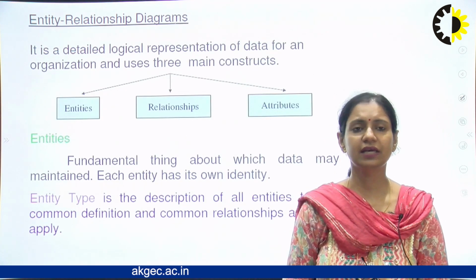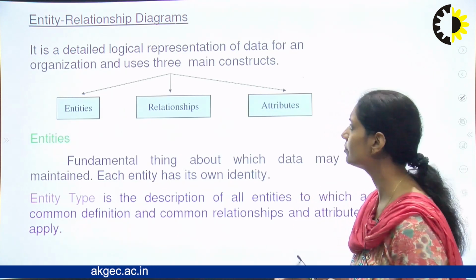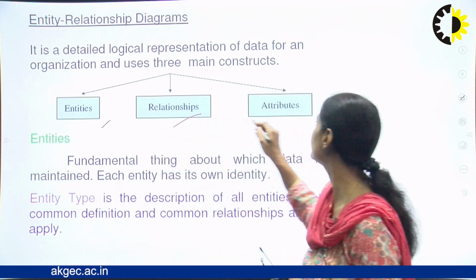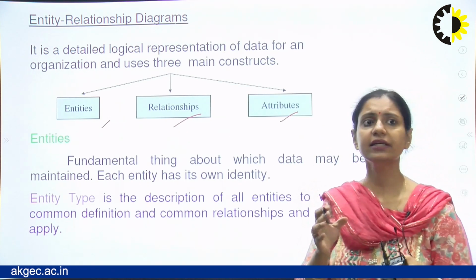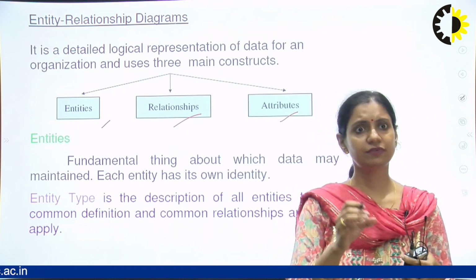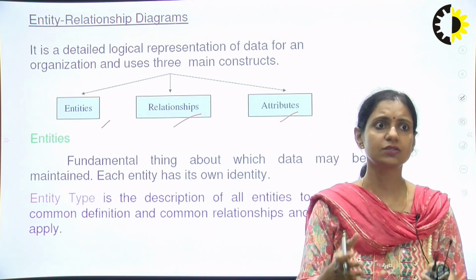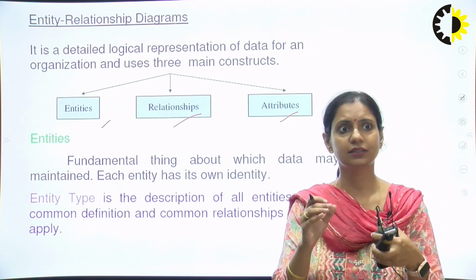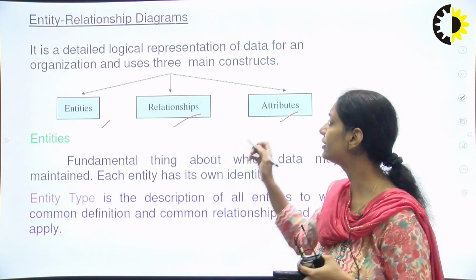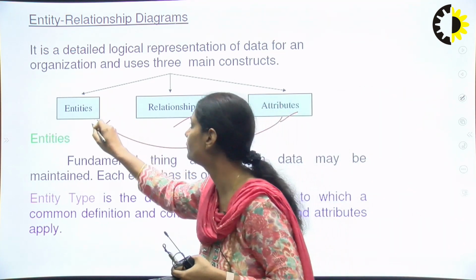Then we have the ER diagrams. The ER diagrams talk about the entities, relationships and the attributes. Entities are the different, maybe the persons, who are interacting with each other, and attributes are the characteristics of these entities.